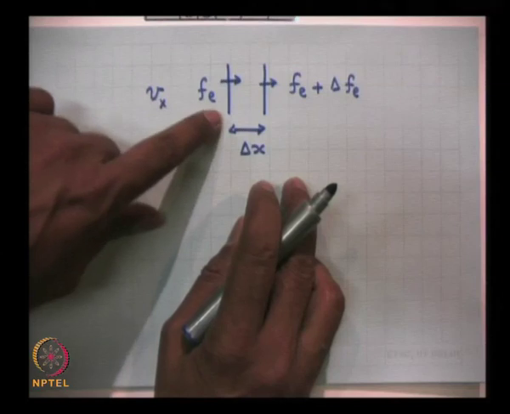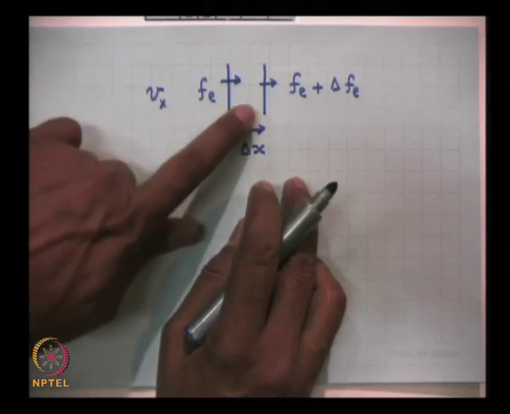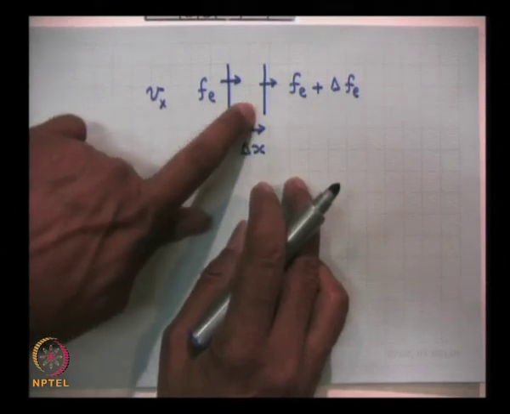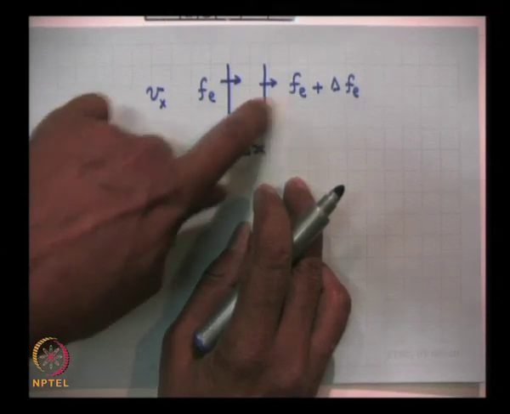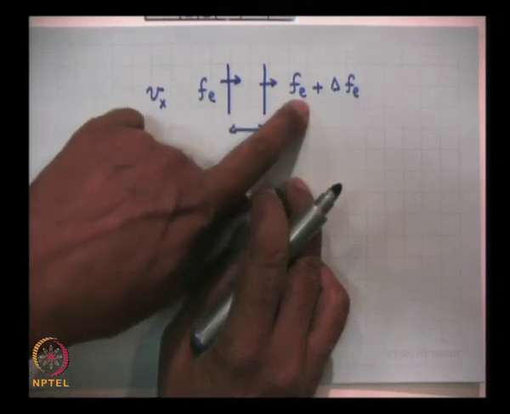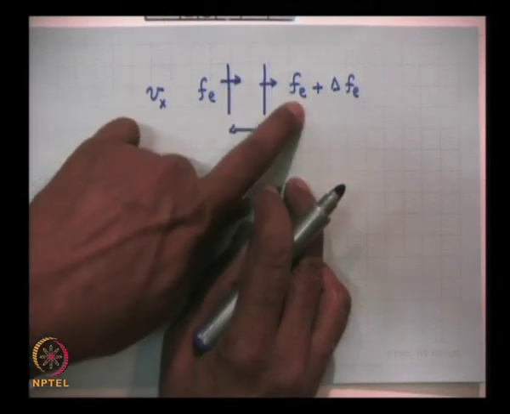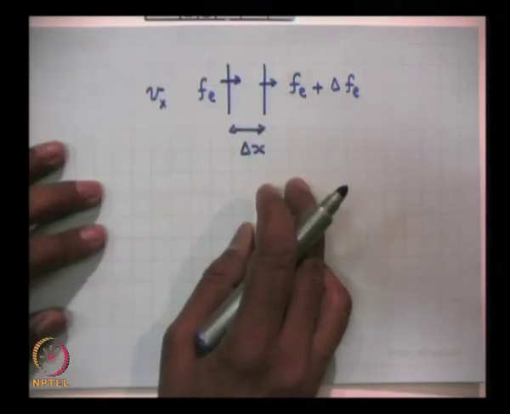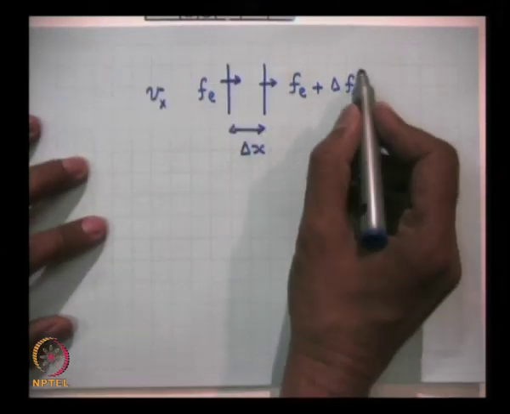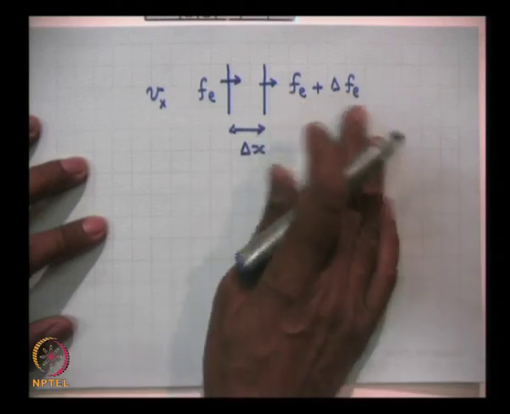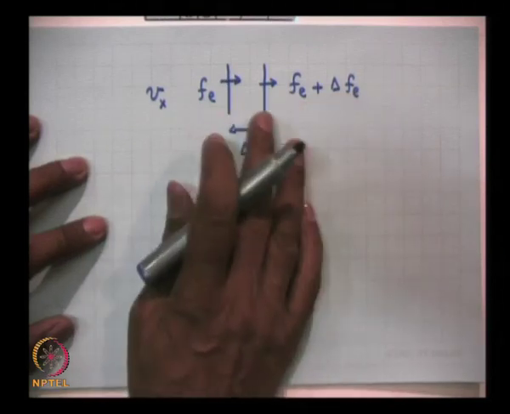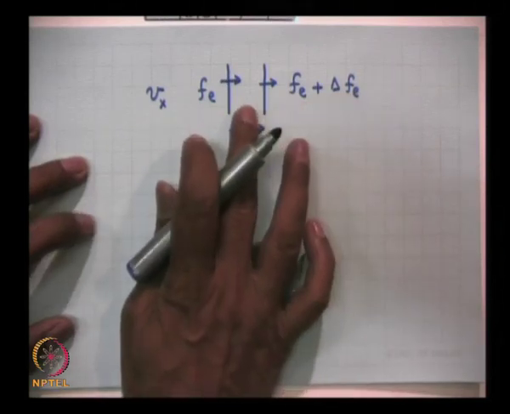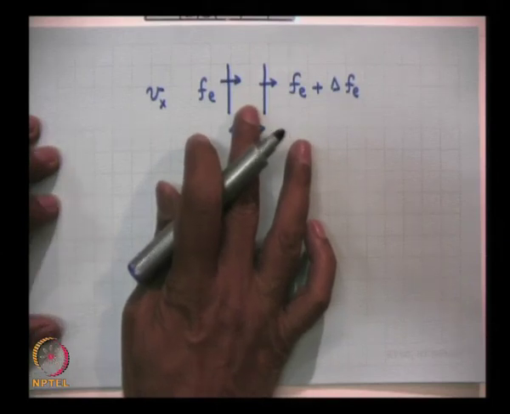So, the number of electrons entering per second this volume element is Fe, the number of electrons leaving this unit area per second is Fe plus delta Fe. So, if this quantity is positive, more particles are leaving, less are coming in, and hence there is a net reduction in density, particle number here.